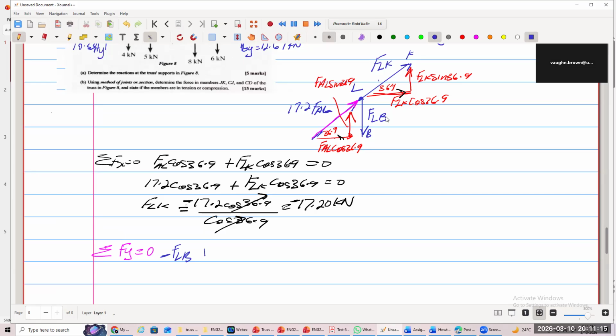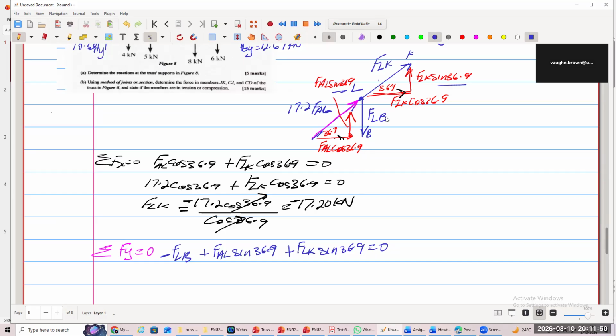Then what's the next one we have going up? Plus FAL sine 36.9. Plus the next one up there. Then this one: plus FLK sine 36.9 equals 0.